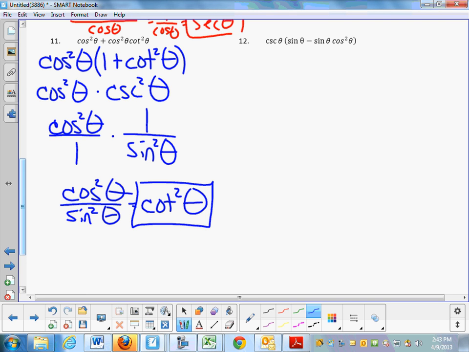So how about 12? Do you see ahead here? I want to distribute or factor out a sine. Either way, you're going to get some stuff to cancel because cosecant times sine is 1. They are reciprocals of one another. So I get 1 minus cosine squared of theta. Everybody see how I got that? The cosecant times the sine makes 1, and cosecant times the other sine makes 1.